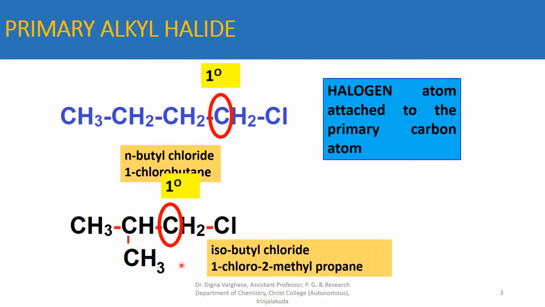This compound is isobutyl chloride, or you can name it as 1-chloro-2-methylpropane. So the halogen atom attached to the primary carbon atom, that is known as primary alkyl halide.